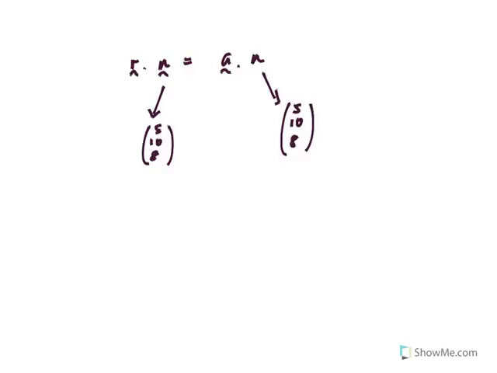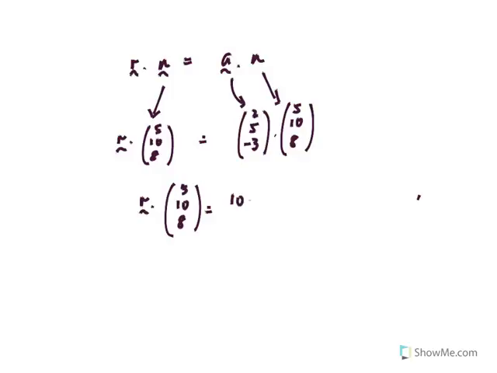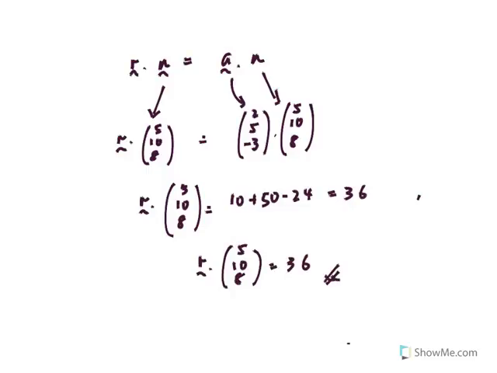I can choose any point, maybe D, which is 2, 5, -3. If I take the dot product, r dot 5, 10, 8 equals 10 plus 50 minus 24, which equals 36. So r dot 5, 10, 8 equals 36, and that's the answer for part 3.